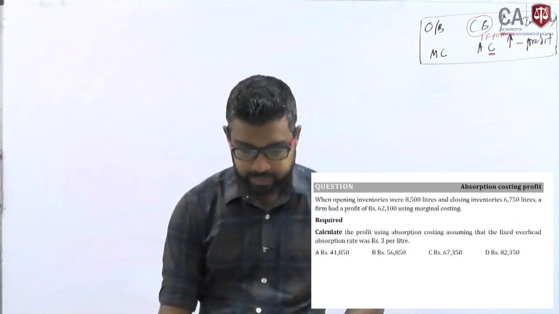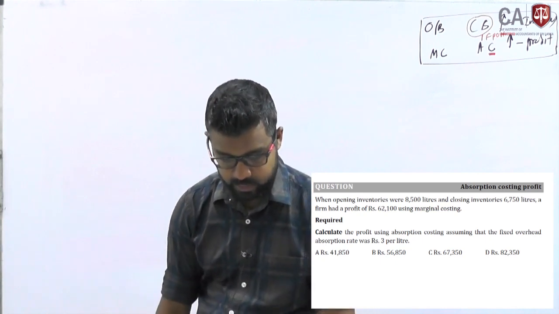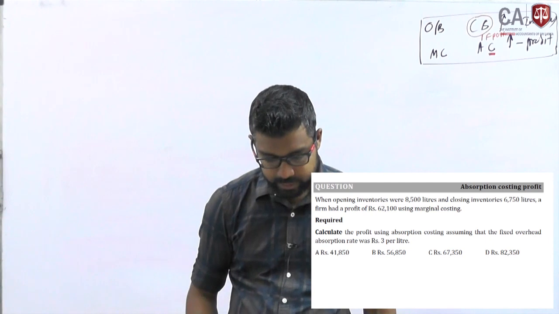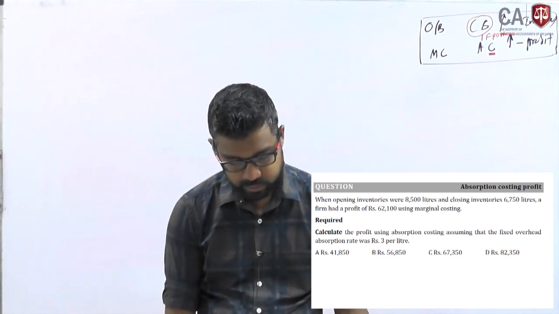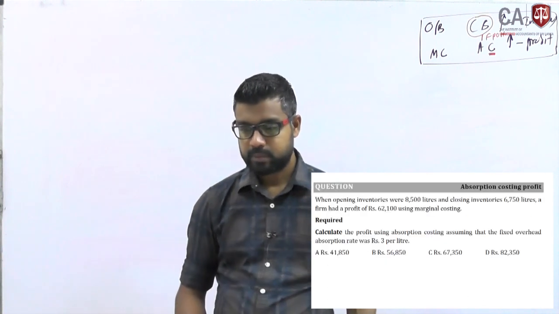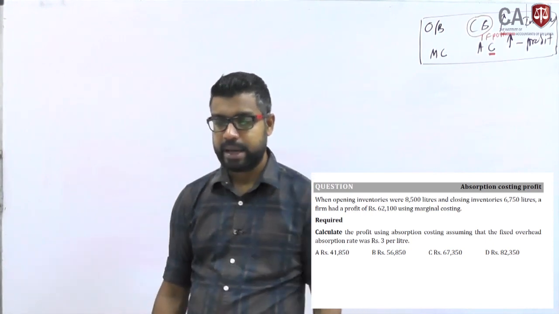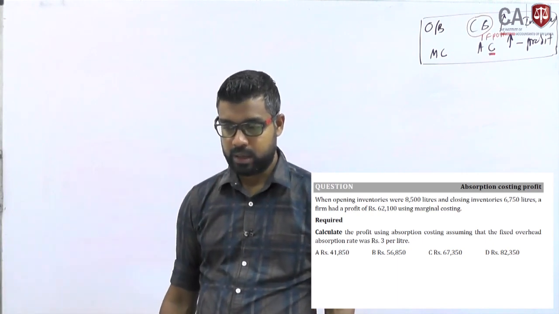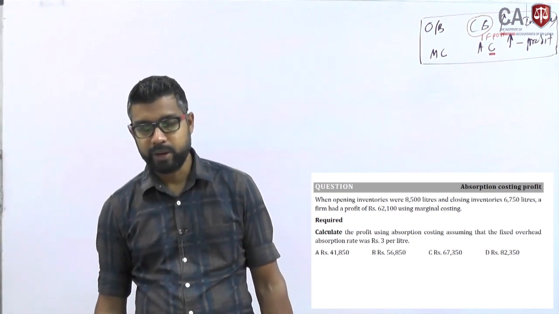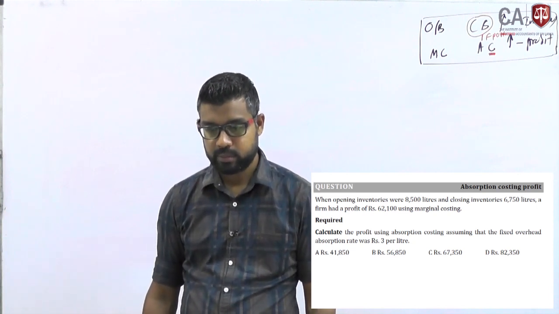Okay, look at this question. When opening inventories were 8,500 liters and closing inventories 6,750 liters, a firm had profit of 62,100 using marginal costing, right?